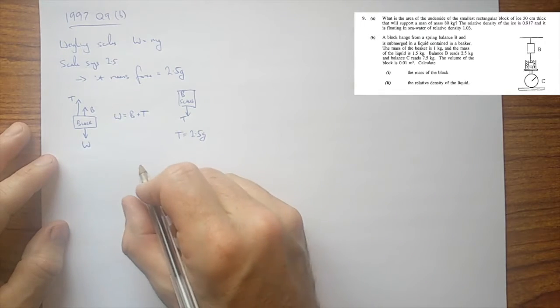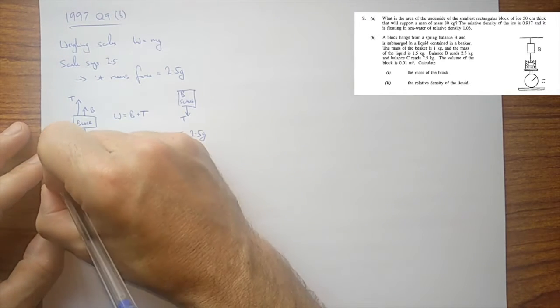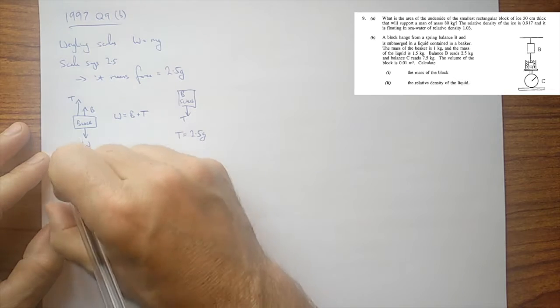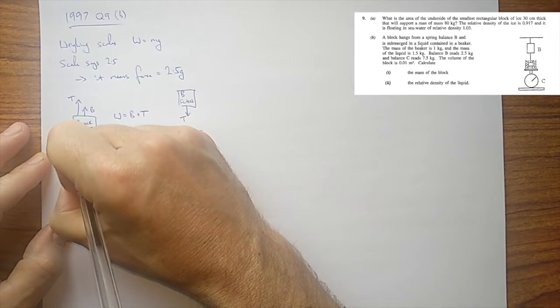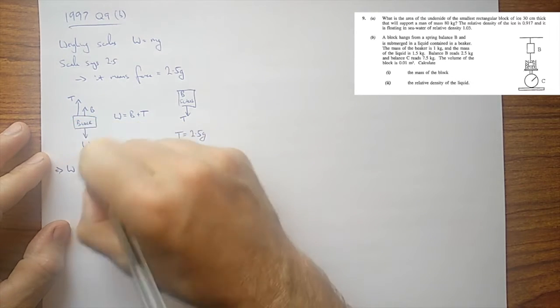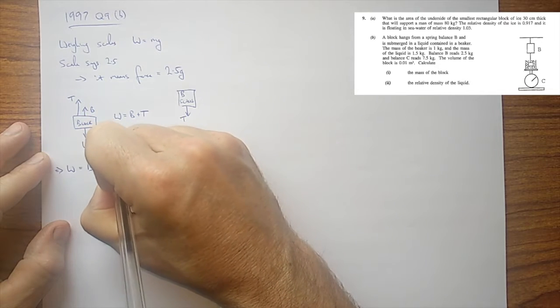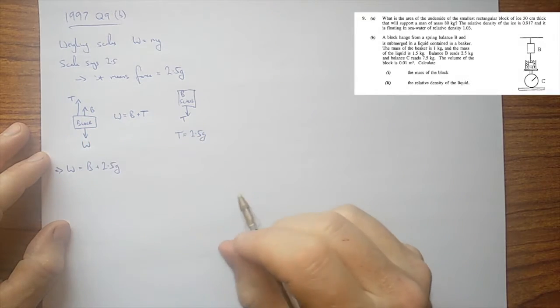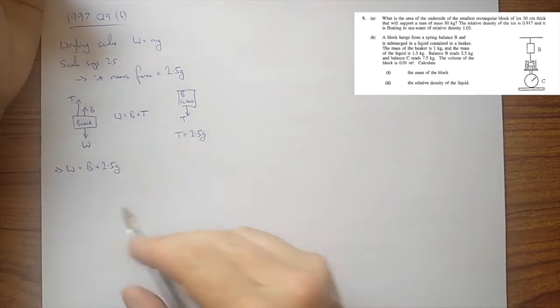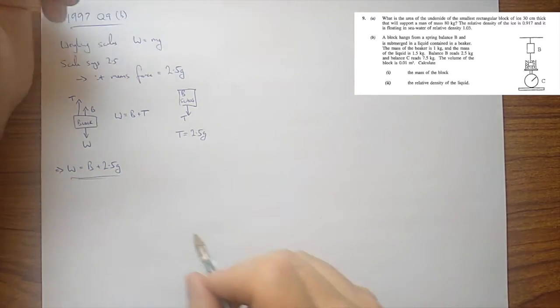Now, let's tidy this up a little bit. What we then know is, therefore, the weight is the buoyancy plus 2.5 g. There are different ways to go at it, but that's one of our initial equations.